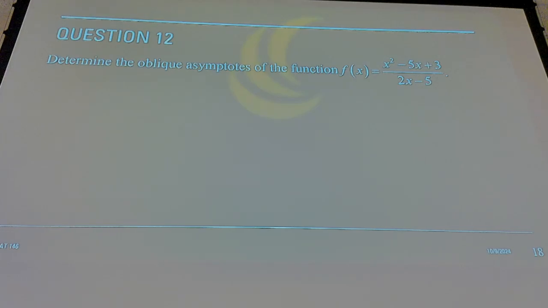And so what about here? Well, here we're not going to be able to perform synthetic division, right? So we're going to have to use long division. What is the first term of the quotient?